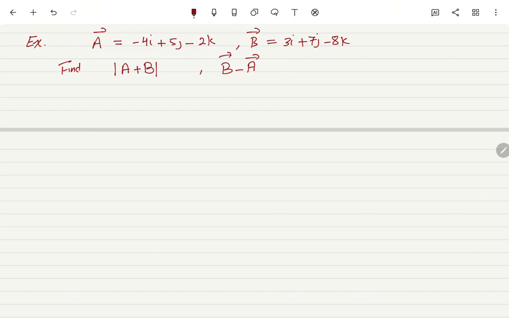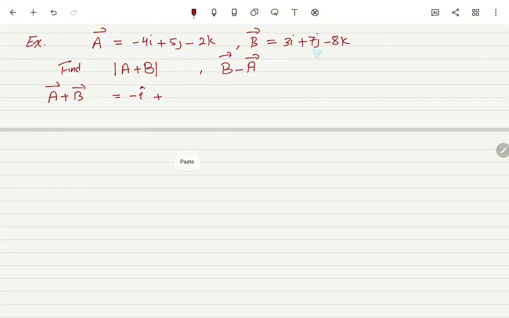Now to find a plus b as a vector, remember, we just add i with i, j with j, k with k. So minus 4 plus 3 is minus 1, so minus i hat.